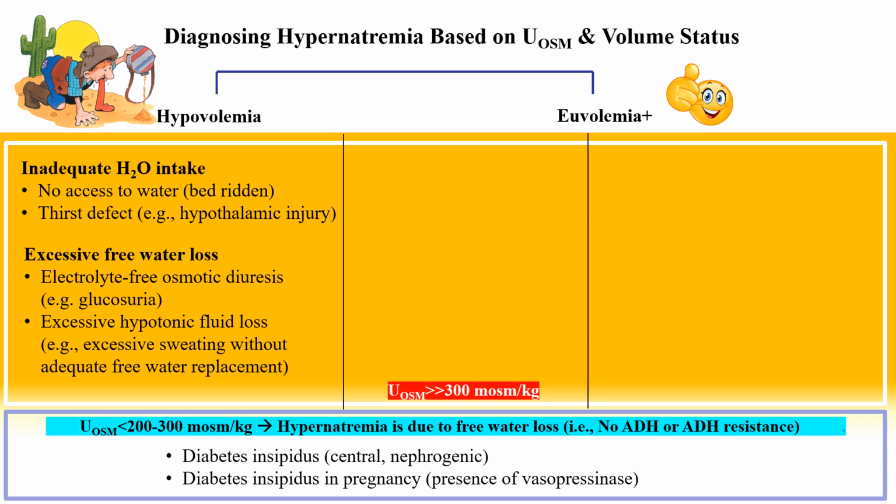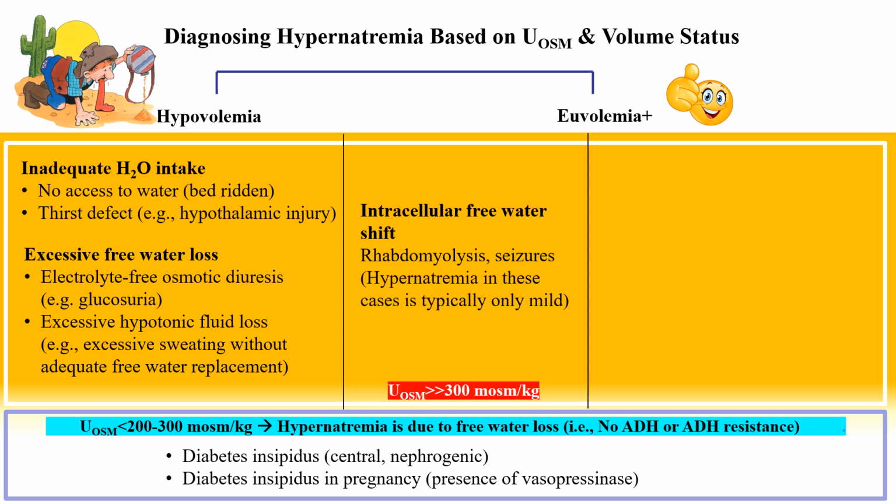In the case of euvolemia or hypervolemia, we can consider hypernatremia due to transient intracellular water shift in conditions with increased intracellular catabolism, such as rhabdomyolysis or seizures. Hypernatremia is typically only mild in these conditions.